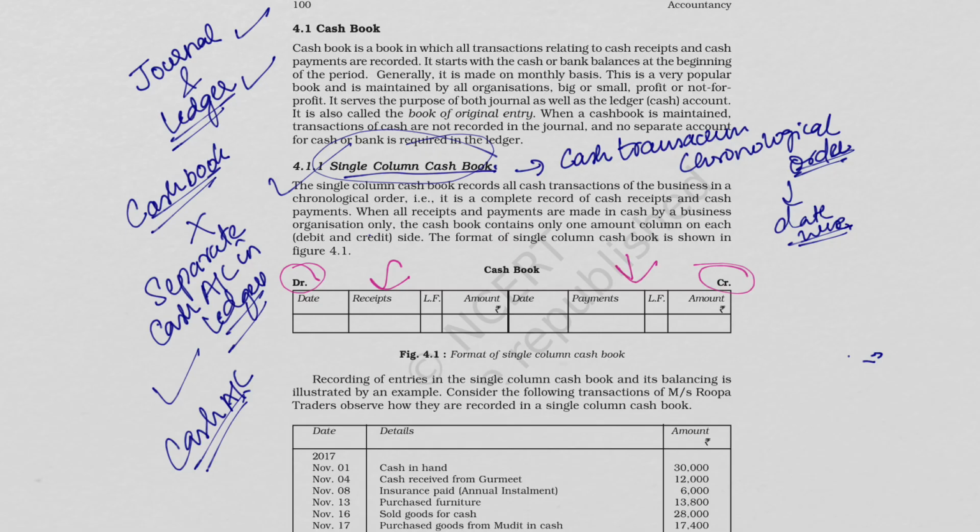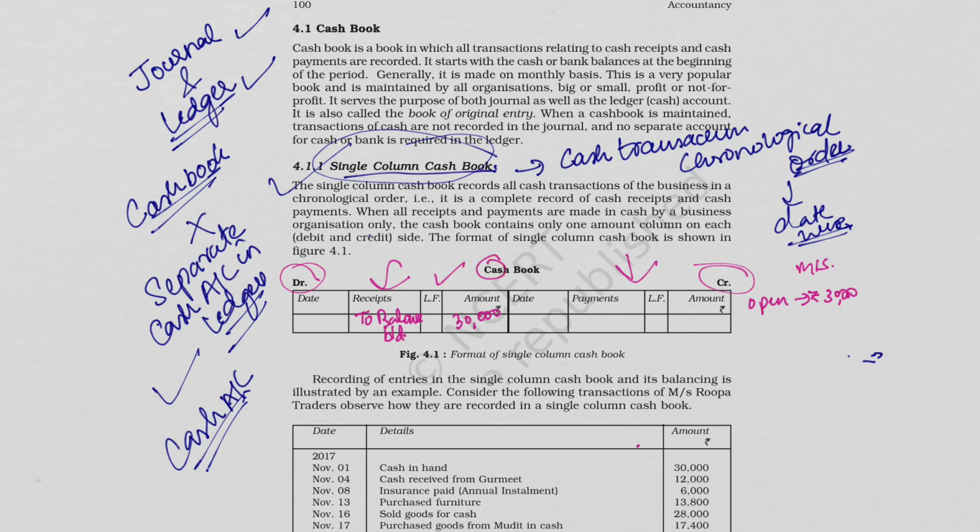Let us understand this with an example. Suppose Messrs. Rupa Traders have opening cash on 1st November of rupees 30,000. The opening balance is always written on the debit side as to balance brought down, rupees 30,000. Why do we write it on the debit side?